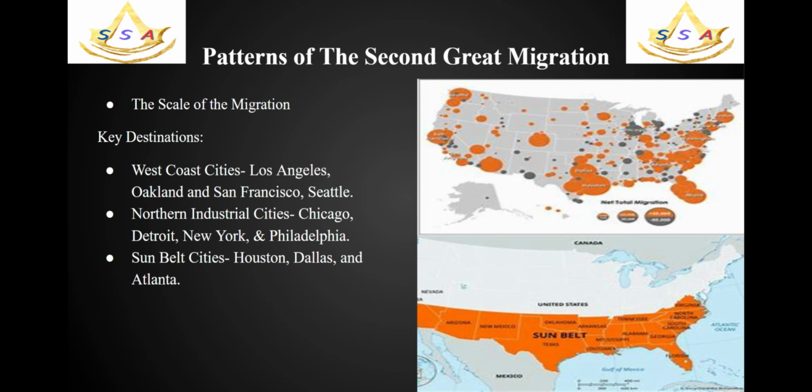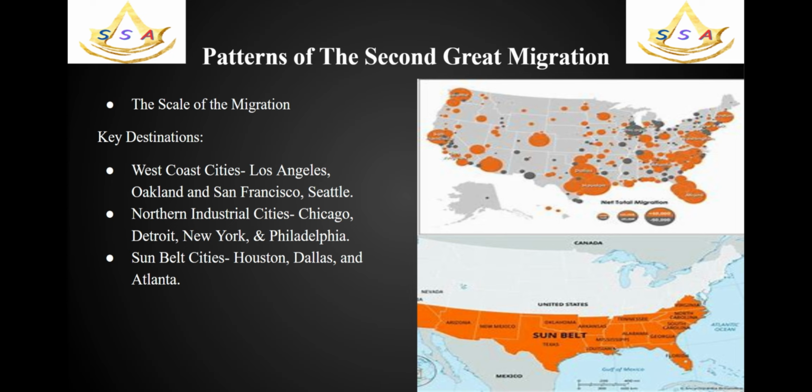And when it comes to the northern industrial cities, you have Chicago, Detroit, New York, and Philadelphia. In Chicago, Black migrants continued to flock there, with the Black population increasing from 277,000 in 1940 to 1.2 million by 1970.